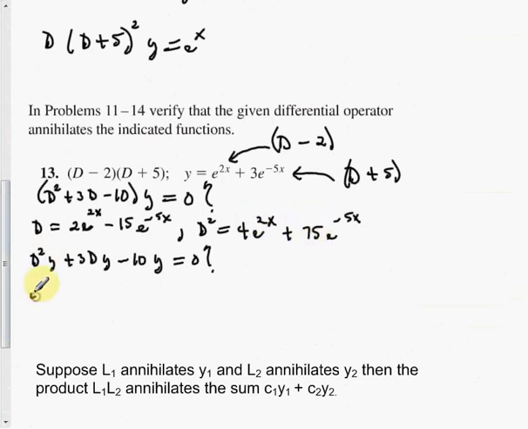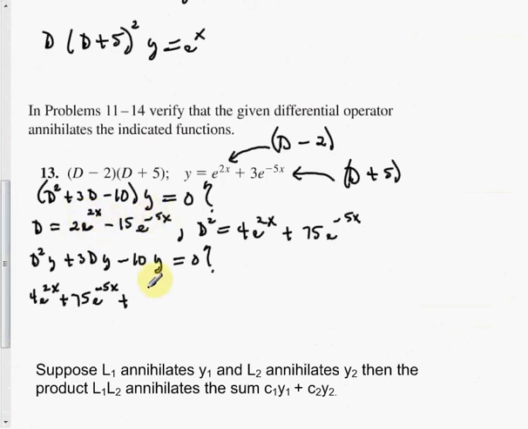So the second derivative on y is this term right here. So this is 4e^(2x) plus 75e^(-5x) plus 3 times the first derivative.